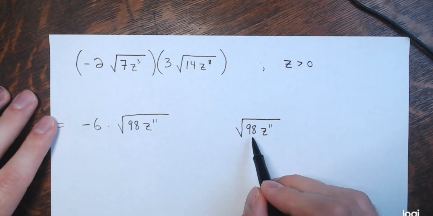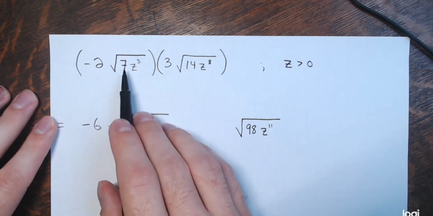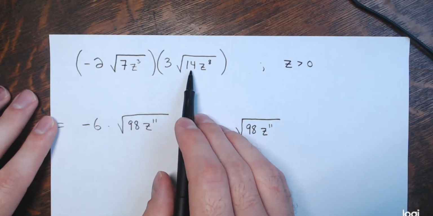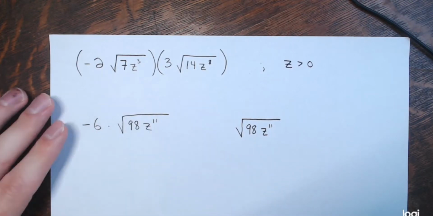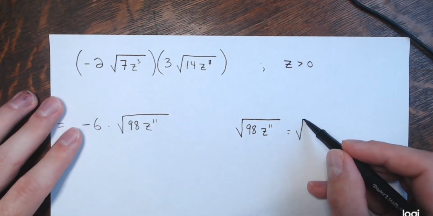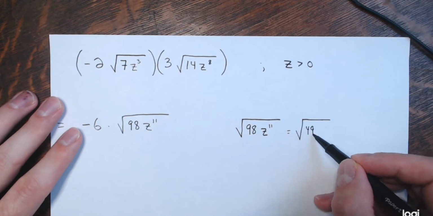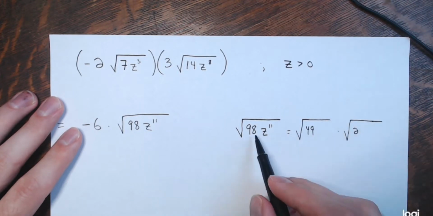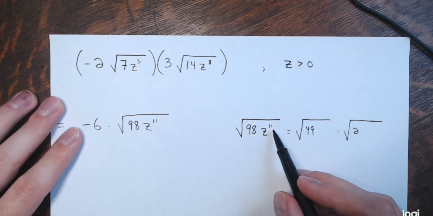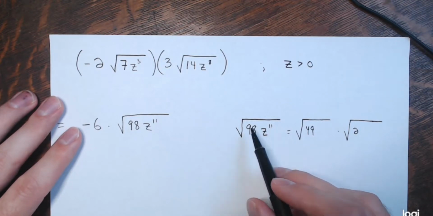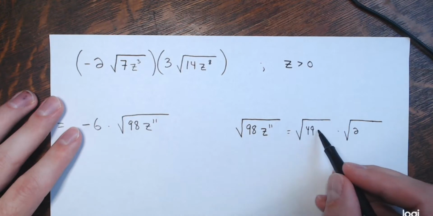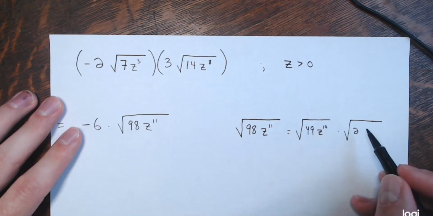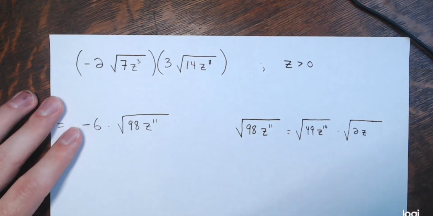Now you can break down 98 to 7 times 14, which is 2 times 7. So you see there are two factors of 7. All right, this is the square root of 49 times the square root of 2. That's the square root of 98. And then z to the 11th, 11 is not a multiple of 2, but 10 is, right? We can break that up to z to the 10th times z for z to the 11th.